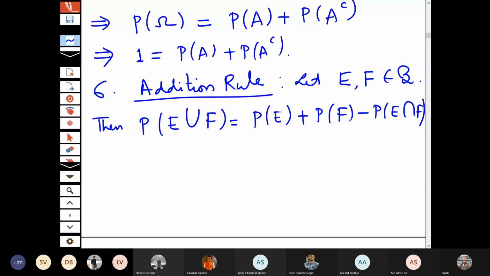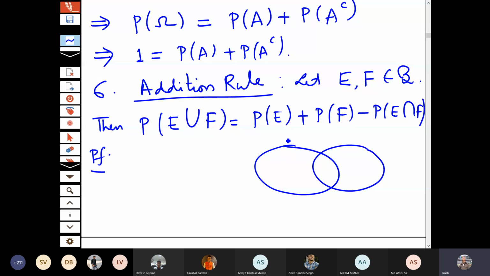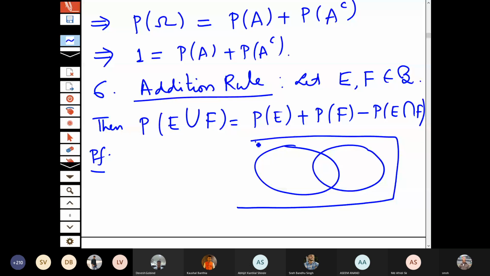So let us look at this. Suppose I have event E and event F. Then we can write that E union F is this entire thing.